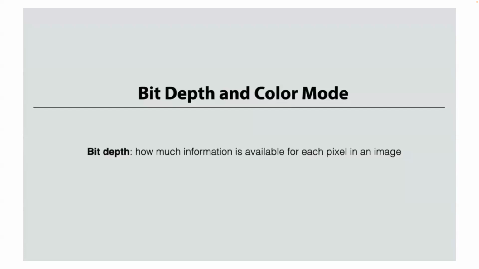So if it's 1 bit, you only get 2 choices, on or off, black or white or whatever color is assigned. But if it's 8-bit, then every pixel has 8 1s and 0s to encode the color. And if you do binary math, 8 1s and 0s, your possible combinations are 256.